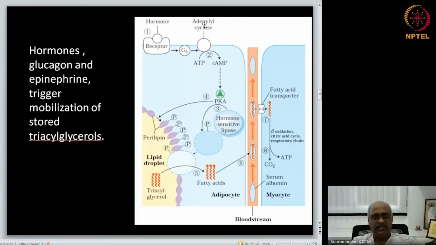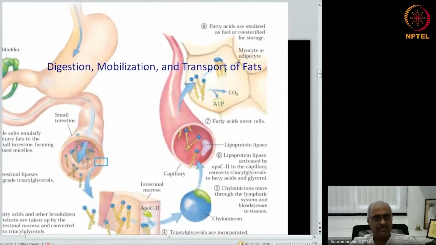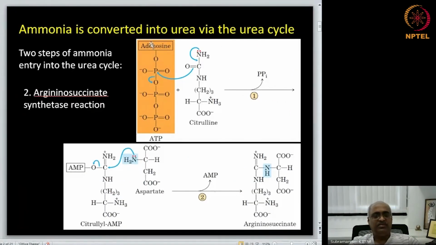So this adenyl cyclase forms cyclic AMP. What cyclic AMP means is, since we have an AMP structure here in today's material, you have adenosine with 3 phosphates, right? And when 2 phosphates are removed, then it is AMP, adenosine monophosphate. But you see here, you're going to have 2 acid groups, inorganic acid groups available that could form an ester with another hydroxyl group in the ribose of adenosine.